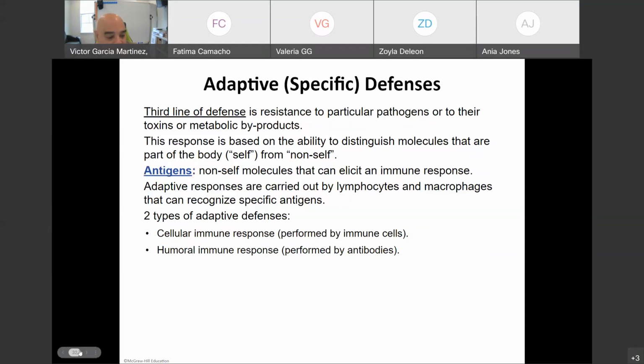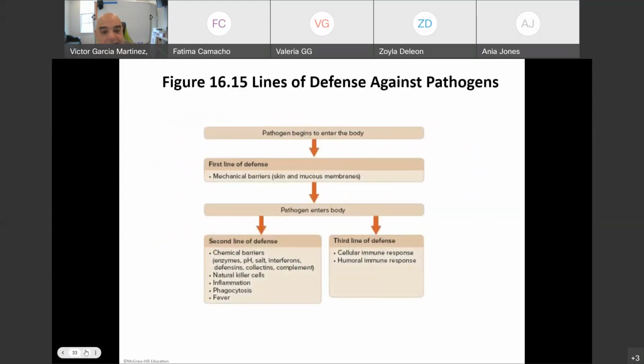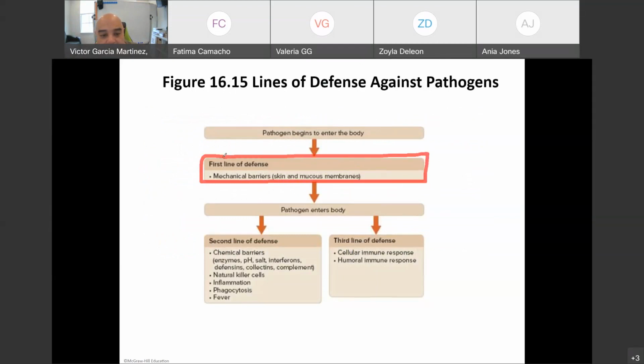Let's see what else we have here, guys. Then, as I told you at the beginning, we have three levels. This is the first level of defense: skin, mucous membranes, pH. These are the first lines of defense. Then we have a second line of defense, which is the innate defense.